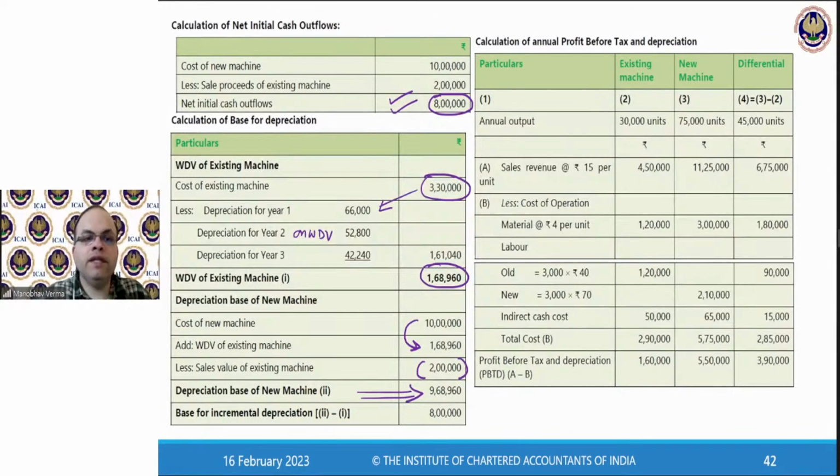However, we need to understand what was the WDV of the existing machine, guys? 168. Because we are not calculating any gain or loss, my new depreciable base is 9,68,000 and my existing base was 1,68,000. What is the difference between the two, guys? 9,68,000 minus 1,68,000, 8 lakhs. That means the incremental depreciation will be on 8 lakhs only.